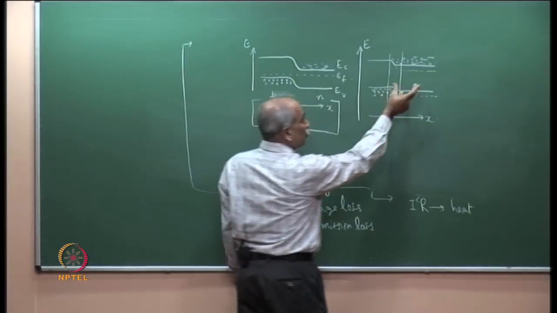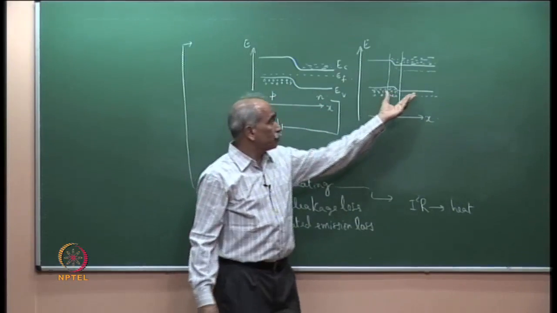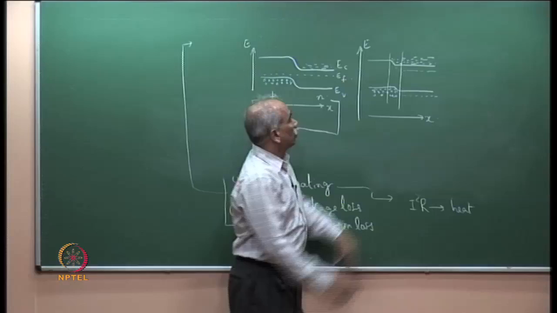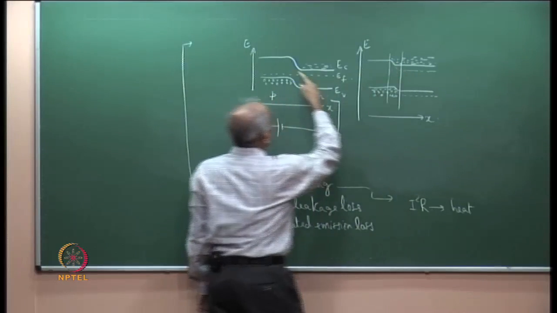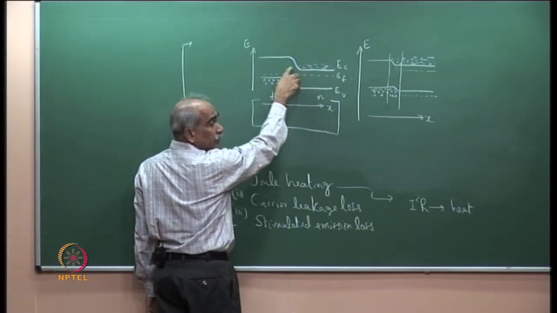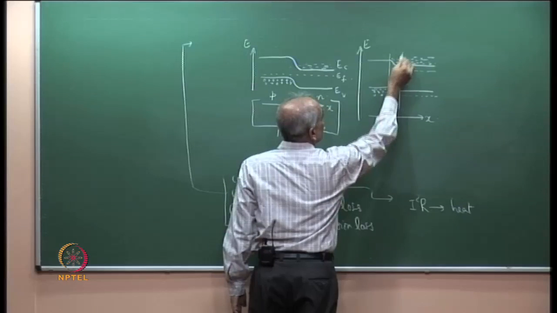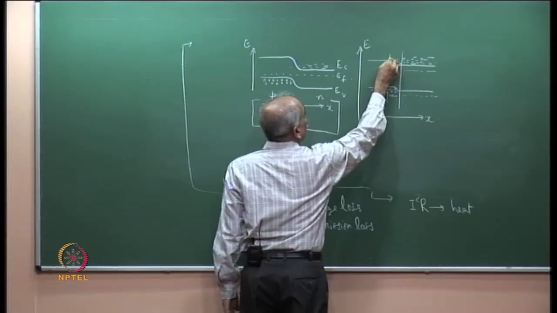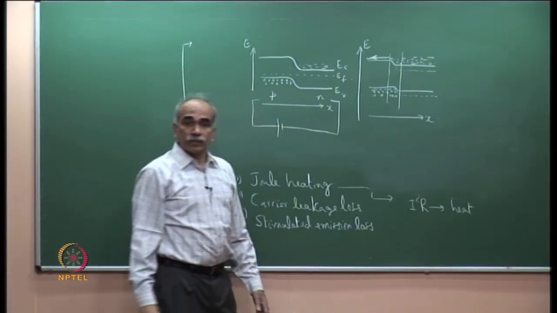However, as you forward bias this stronger, that is, as you increase the injection current, the electrons here do not see any more barrier. This is the potential barrier which was blocking the electrons. Now, when you lift this up, that is, when the injection current becomes large, the carriers can simply go over from here like this.